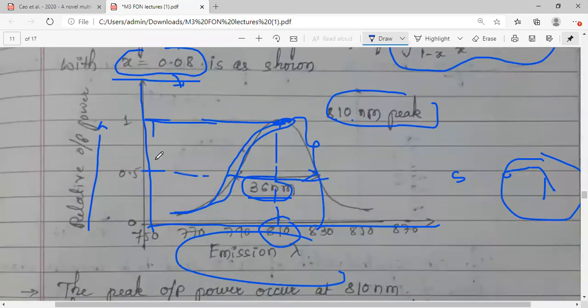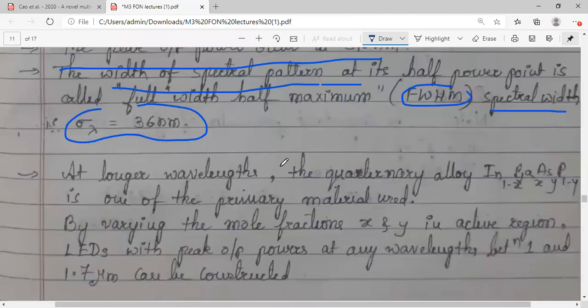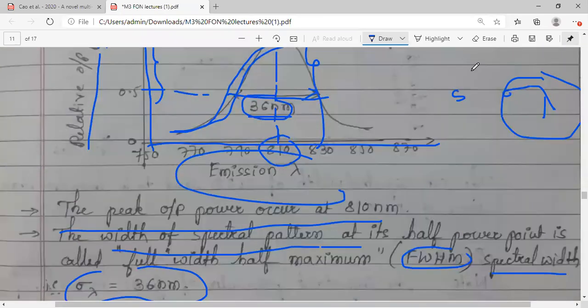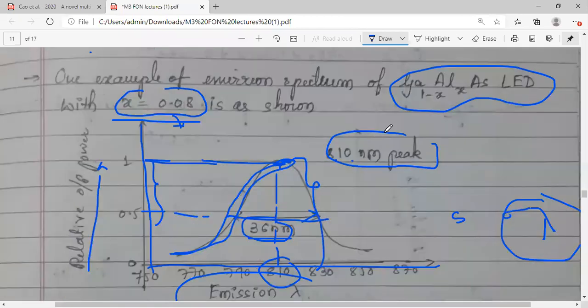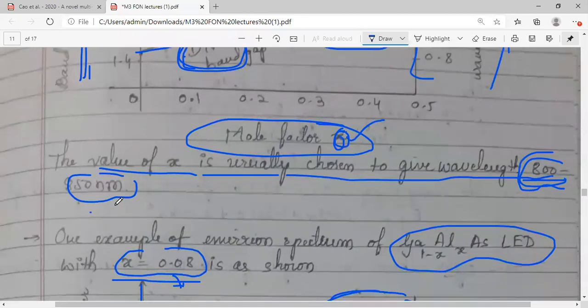If the maximum is 1, then half of the maximum. So that is FWHM. That is the spectral width. In our example, it is 36 nanometers. Now, I have taken one example here, and we have got the peak at 810. However, generally the operating wavelength will be 800 to 850 or 900 nanometers.